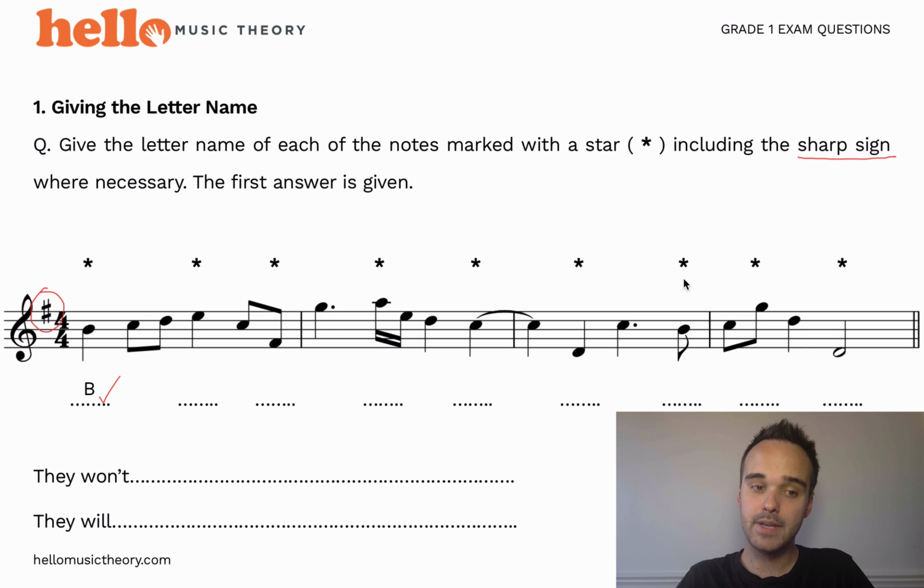If the extract of music was in F major, for example, F major has one flat, so the question would say "including the flat sign where necessary." And if it was in C major, which doesn't have any sharps or flats, it wouldn't tell you to include the sharp sign. They won't try to trick you by saying include the sharp sign when it's in C major. They're always going to make it as simple as possible for you.